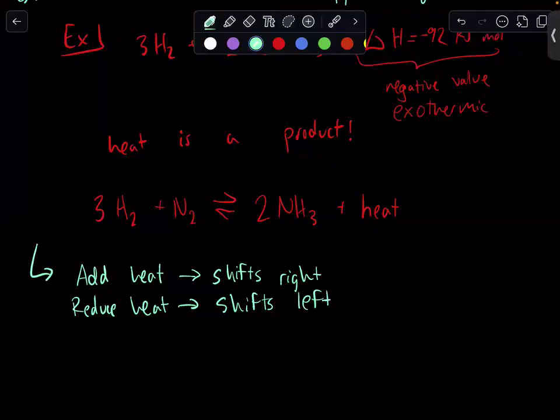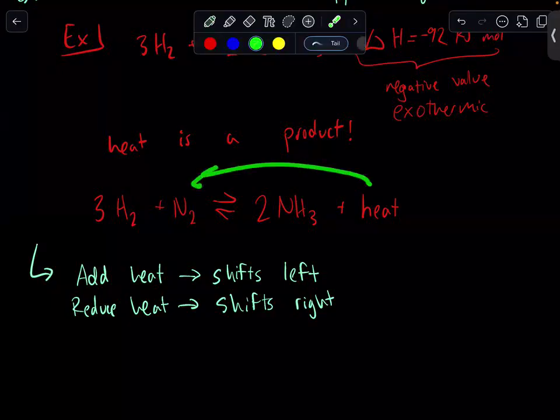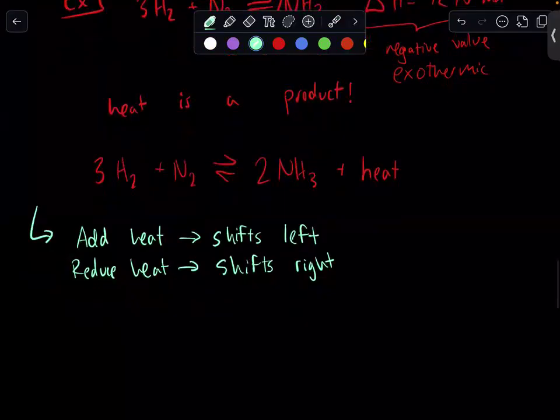So this is the way that we get to, oh, you know what? Sorry, I just realized I made a mistake. I meant right and left instead of left and right. Sorry, got those mixed up. If we add our heat, we're going to shift over to our reactants. If we reduce our heat, we're going to shift over to our products. All right, so those are how these can affect our equilibrium.